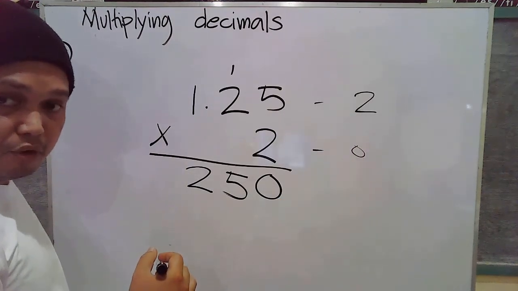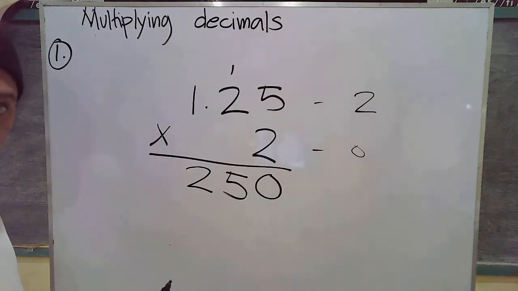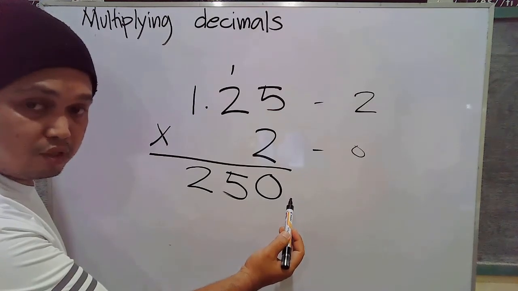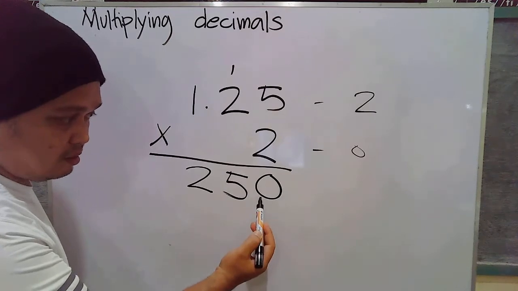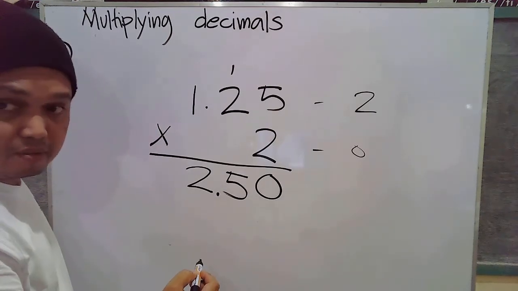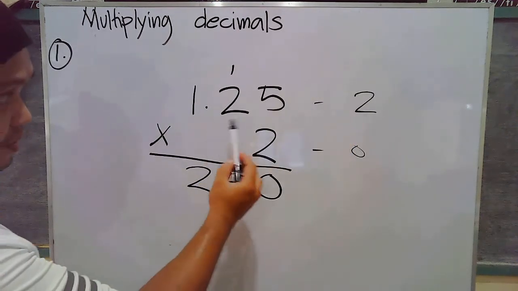That will determine the number of steps that we are going to count from right to left, and that's where we're going to put our decimal point. So let's count. 1, 2. This will be our decimal point, because of the decimal places in the factors.